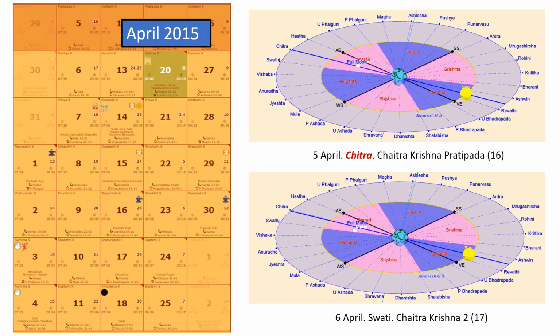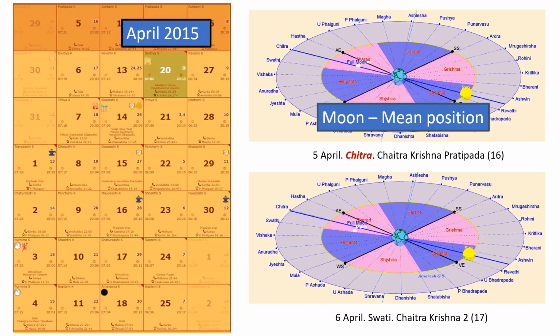After the full moon day, we are counting the tithis again from the same number. So Pratipada is number 1, Dvitiya is 2, 3, 4, 5, 6, all the way up to Amavasya, which will be Chaitra Krishna 15. But in the parenthesis, we are counting these days as the total days in that lunar month. Therefore, we are counting them as 16 and 17.